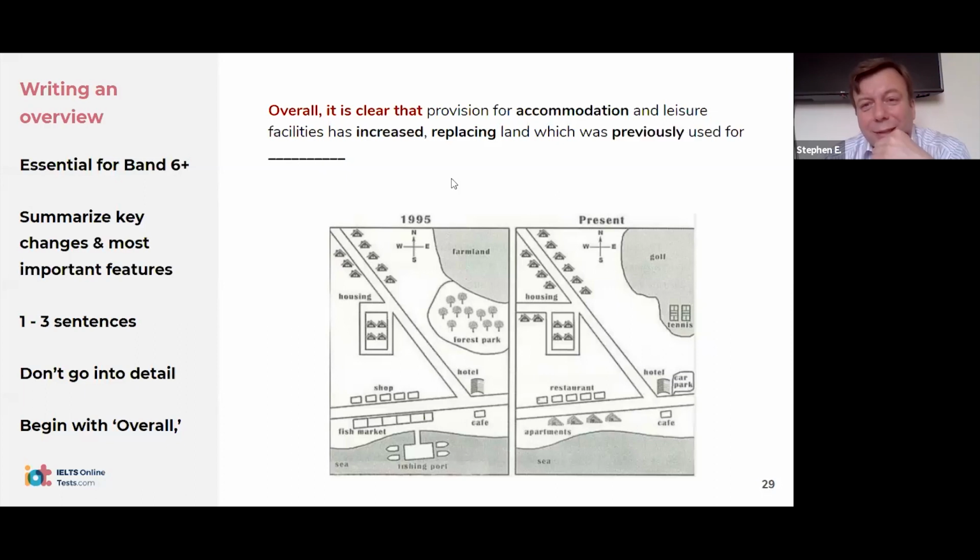So replacing land which was previously used for agriculture, forestry and commercial purposes. Activities, trading. Okay. So commercial fishing, because we've got the fishing port there in 1995.